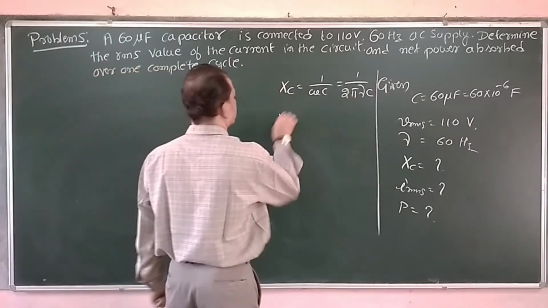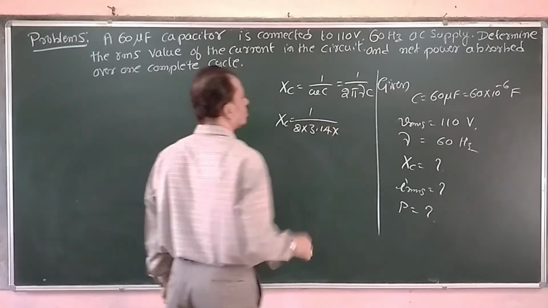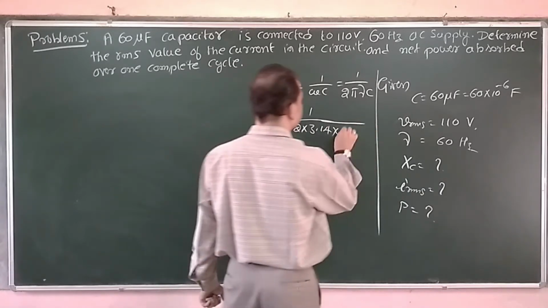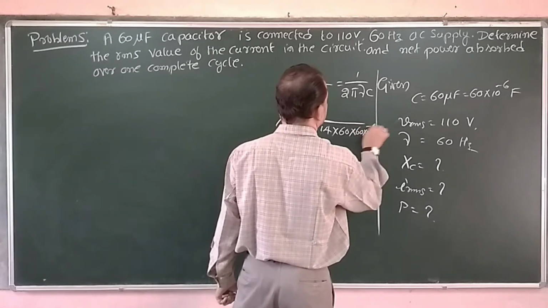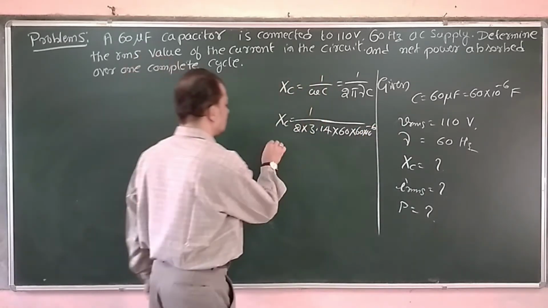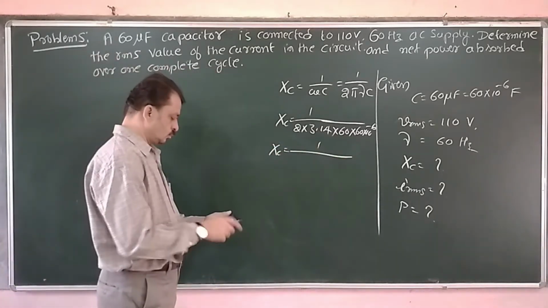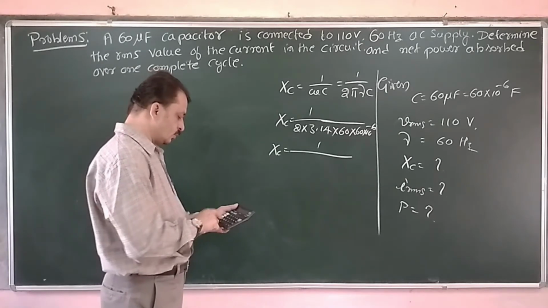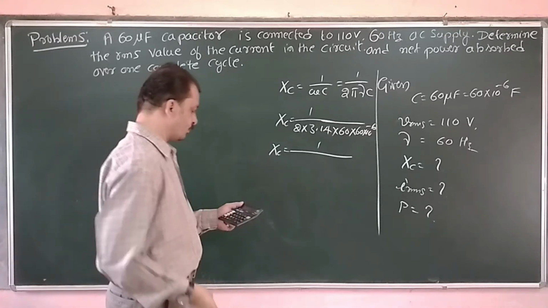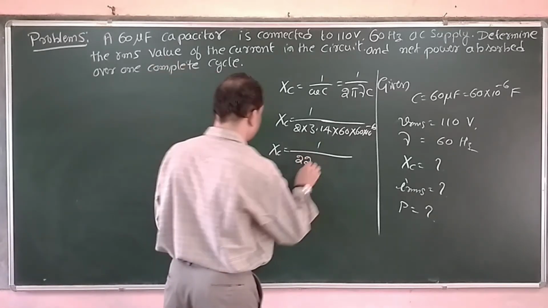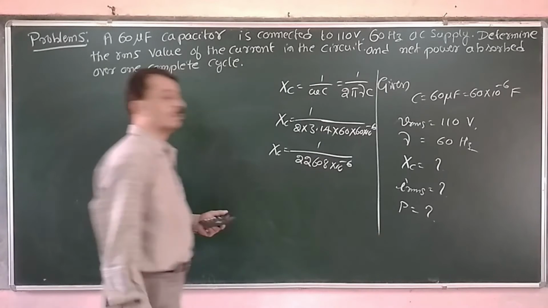Now Xc is equal to 1 upon 2 into 3.14 into frequency 60 here, and this one is 60 into 10 to the power of minus 6. If I simplify this, 1 upon 2 into 3.14 into 60 into 60, I am getting 22,608 into 10 raised to minus 6.